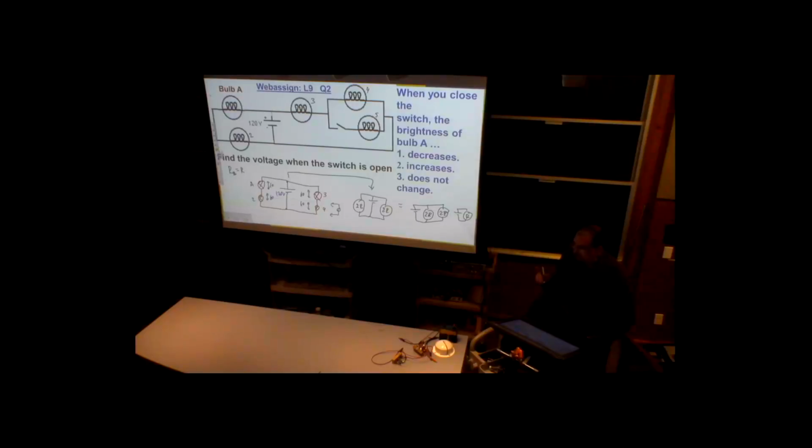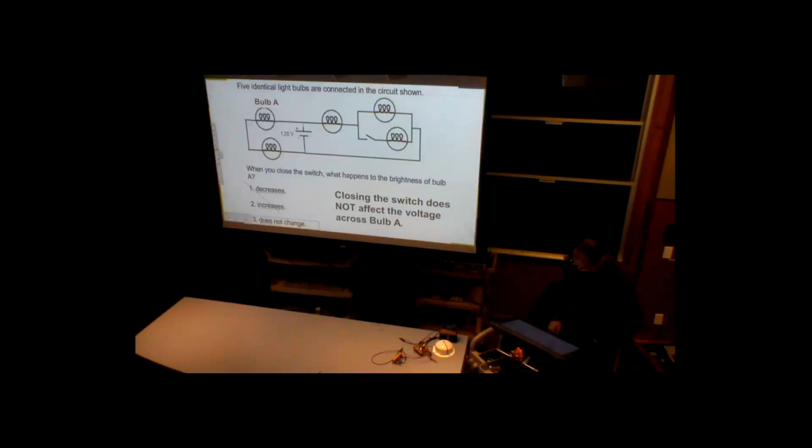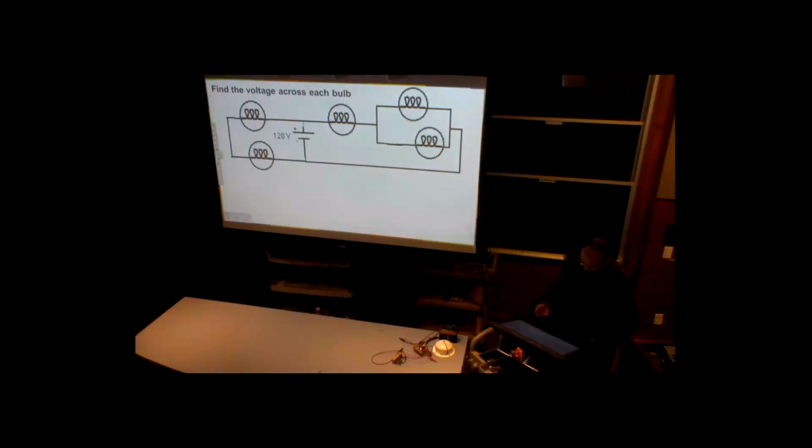And again, this is a situation for the open switch. That's what makes it easy. So bulb A does not change. And of course, let's just solve this case, which we have done before, right?